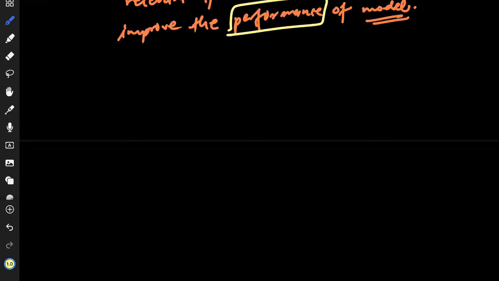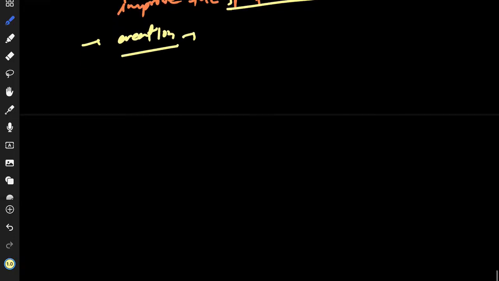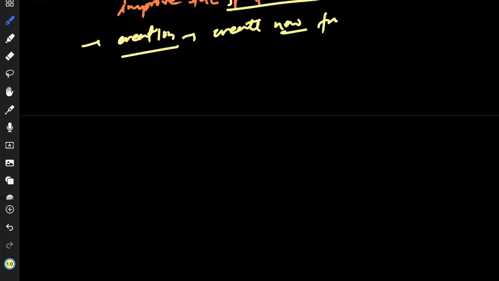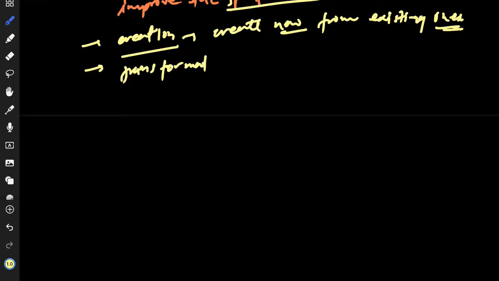So these are the key parts. The first one is creation. In creation we create new features from existing ones. Then transformation.